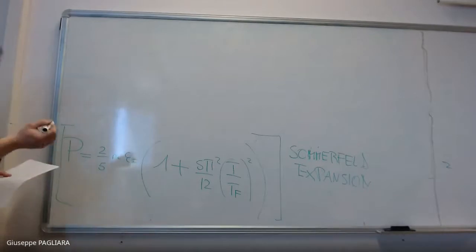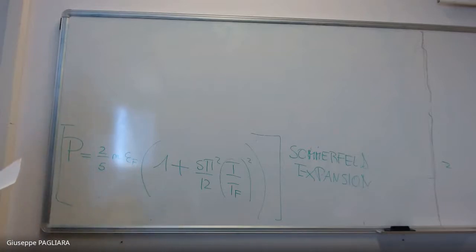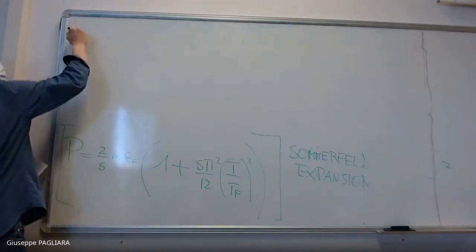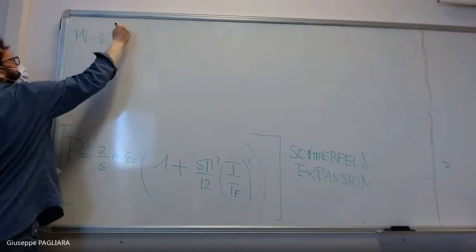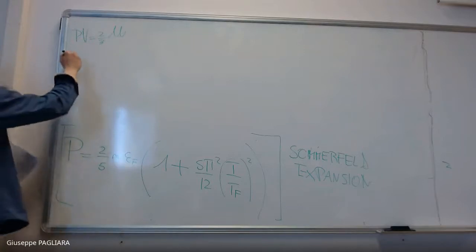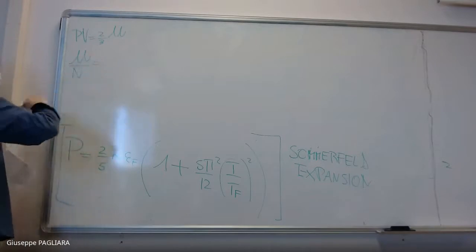Now we can also compute the correction to the internal energy due to this finite temperature. Well, basically, there's nothing to do, in the sense that since PV is equal to 2/3 U, you see that pressure and U are proportional, and therefore we expect that U divided by N will get also the same contribution.